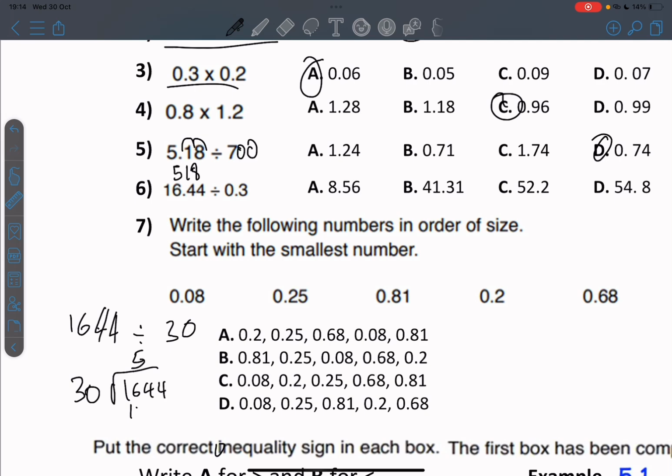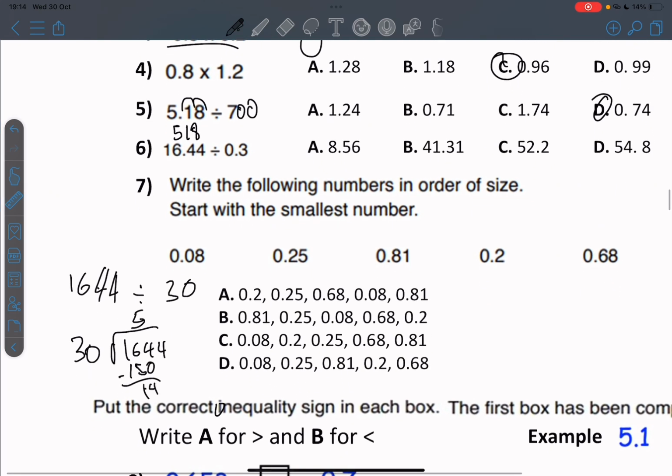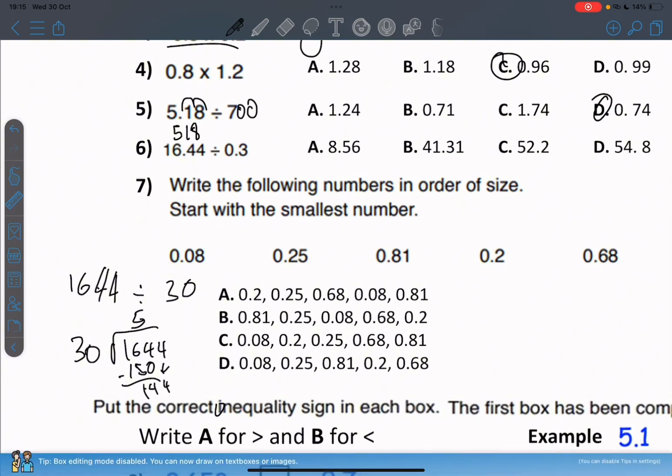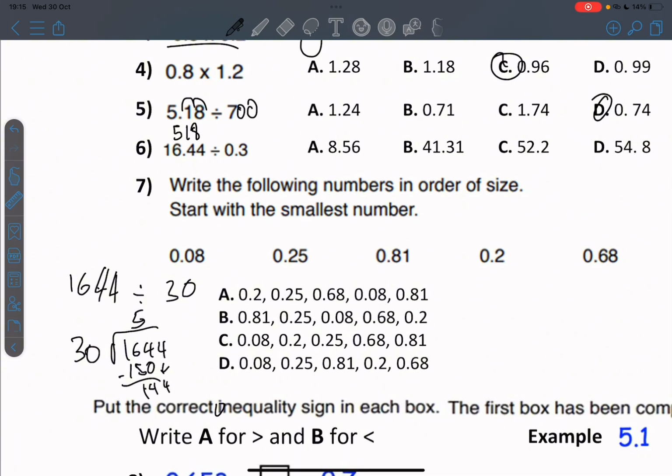That gives us 150. This will be 14 left over, and we bring the 4 down, and 30 will go into that 4 times, gives us 120, and left over here is 24.